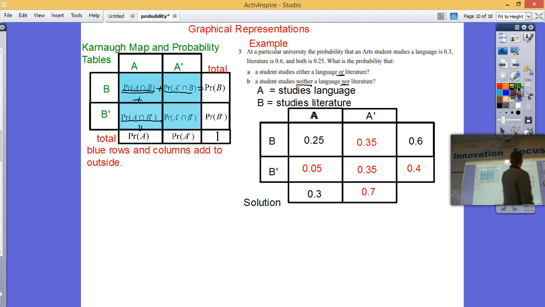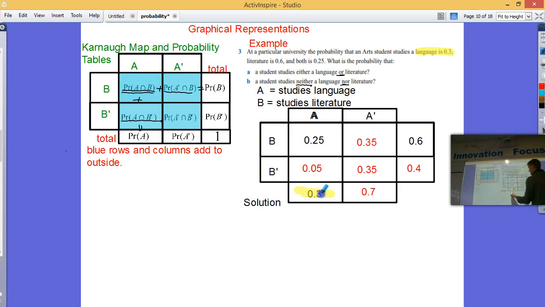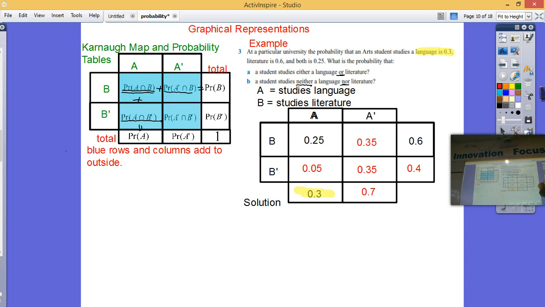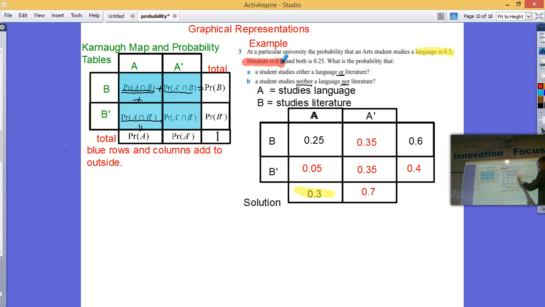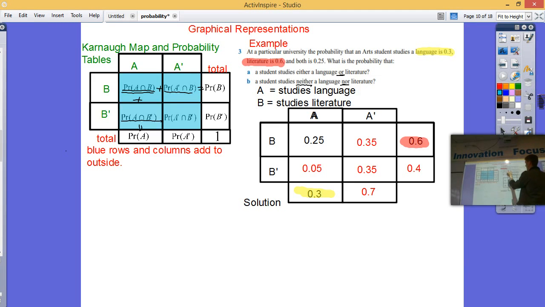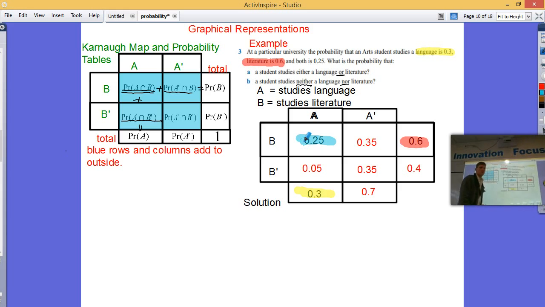So, a student studies language is probability of A. A is the study of language. And we also have an art student studies literature, which is B, 0.6. Probability of B is 0.6. And studying both, A and B, the intersection of A and B, is 0.25.